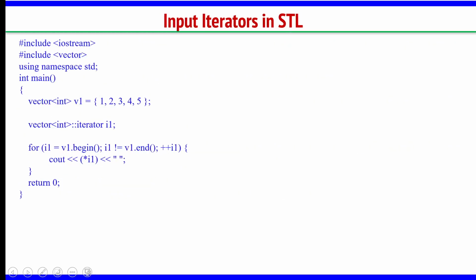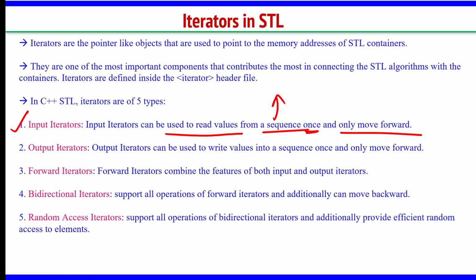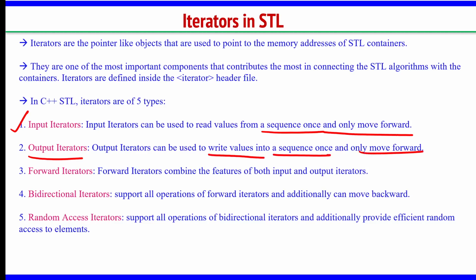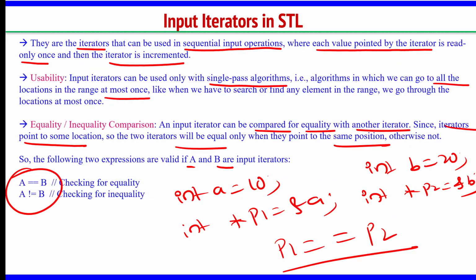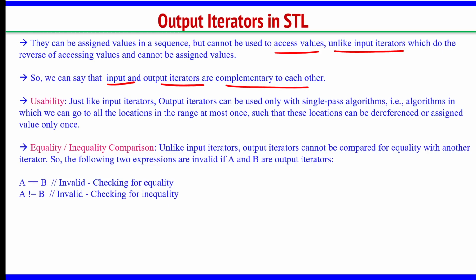That is why, when we gave the definitions of the iterators, input iterators can be used to read values from a sequence once and only move forward. Output iterators are used to write values into a sequence once and move forward. So, these are about input and output iterators in STL.